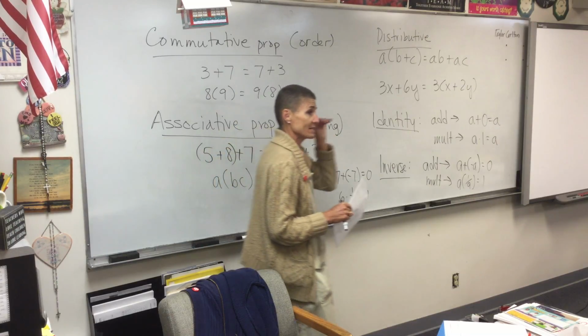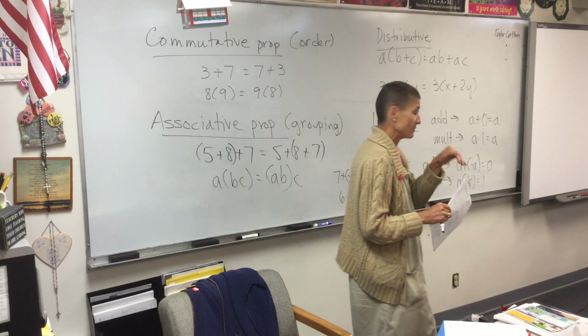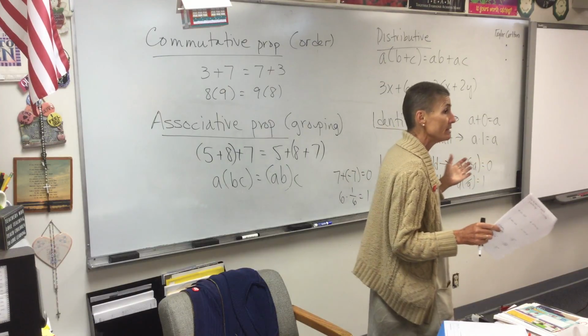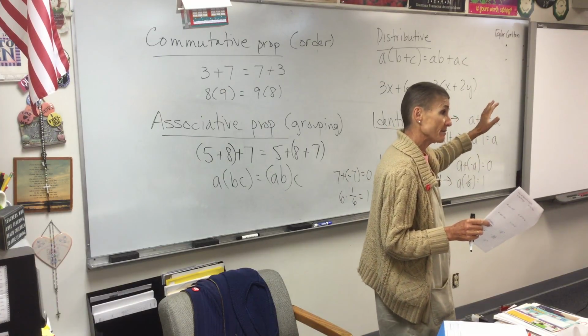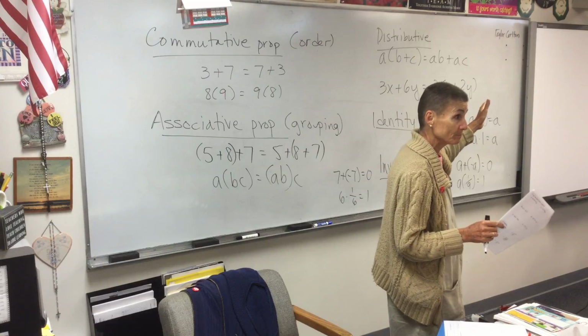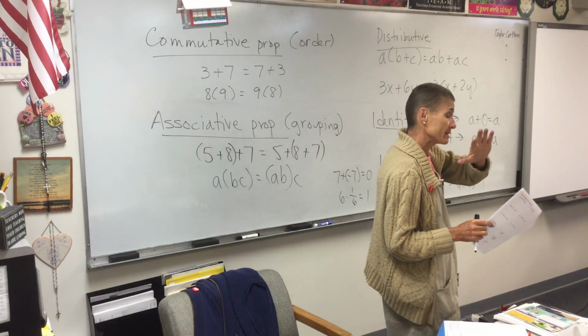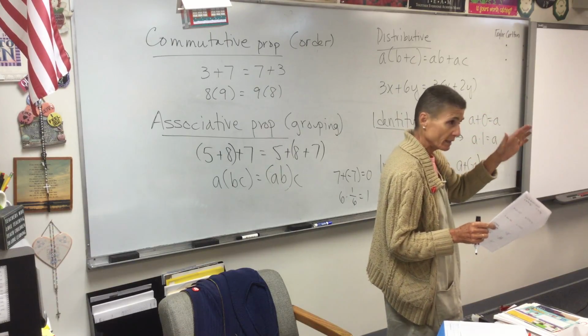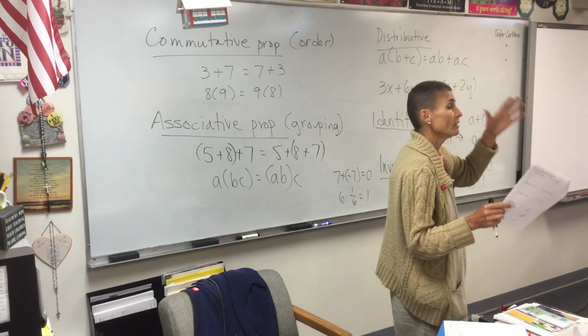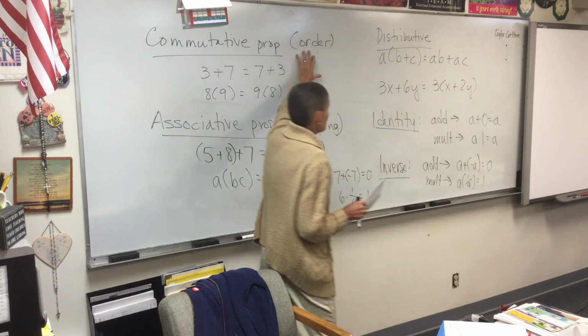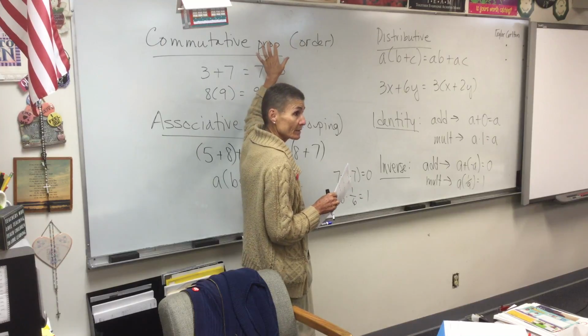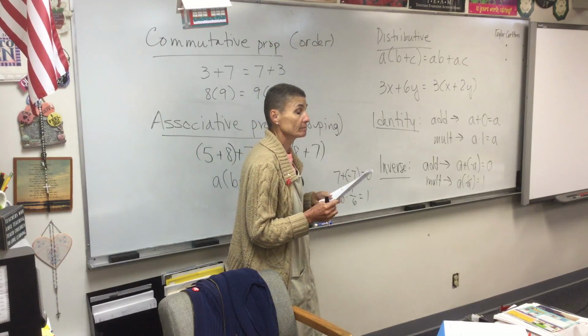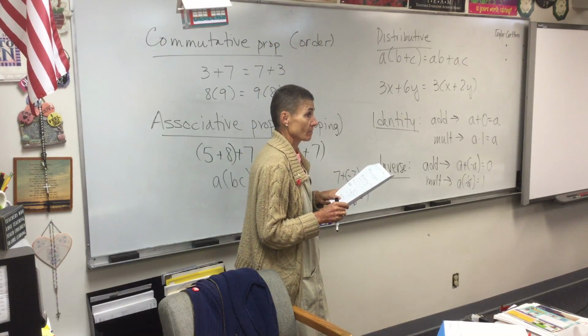So if you have the same things in the parentheses, you have not done associative. Look, on one side, the 6 is at the front of the problem. On the other side, it's at the back of the problem. So what did I change? The order of the problem. And when I change the order of the problem, it's commutative. Okay?